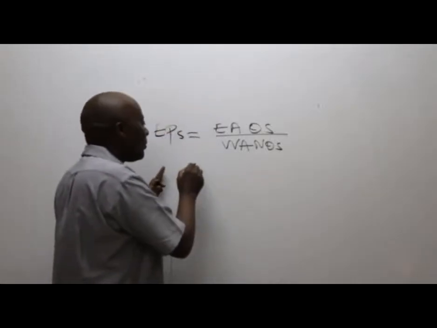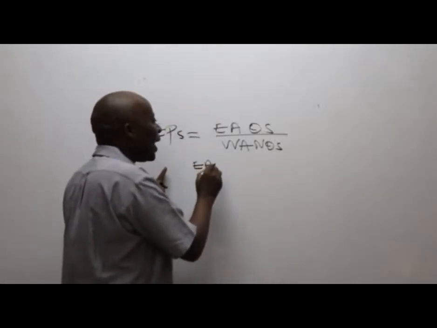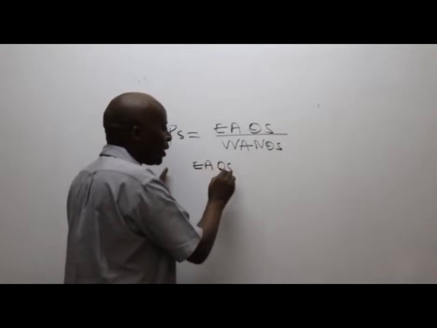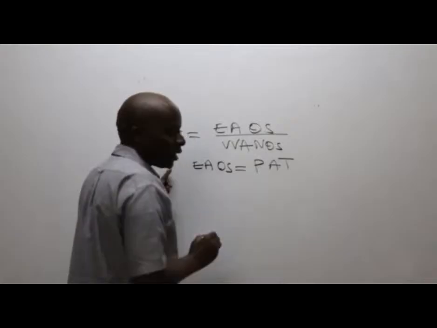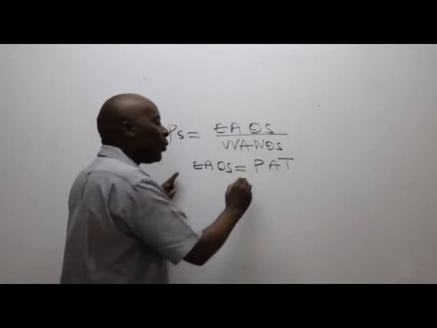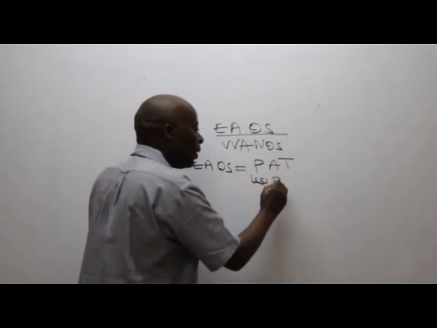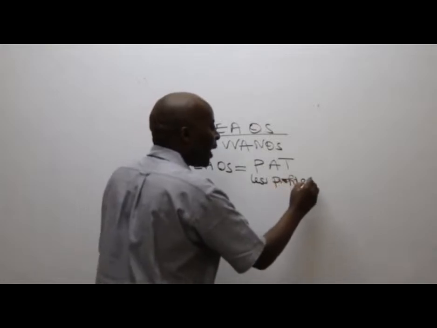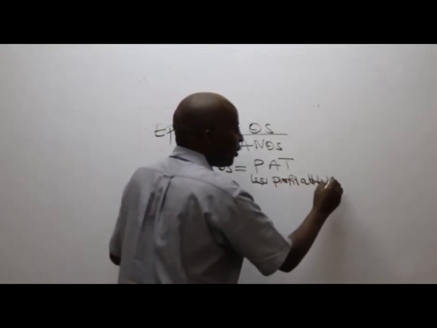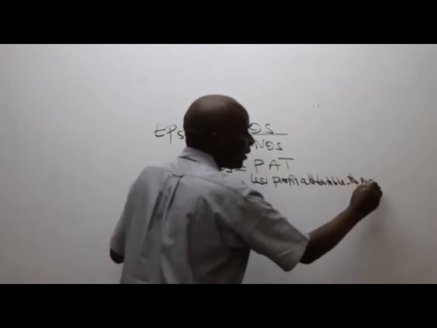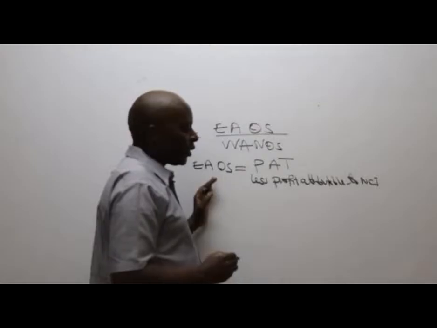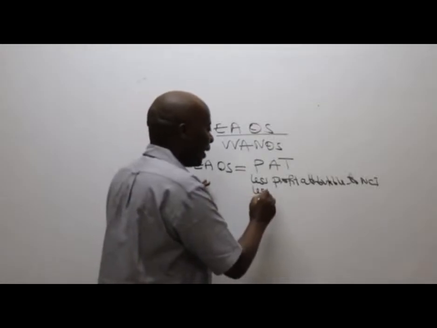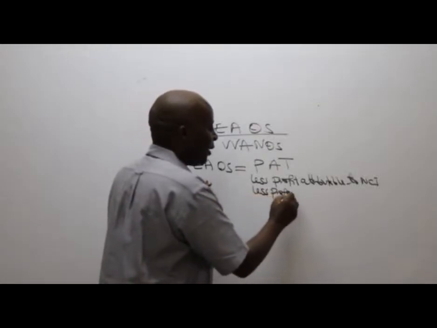So how do we get our earnings attributable to ordinary shareholders? This is very easy. We normally take profit after tax, and then we less profit attributable to NCI, and then of course we less preference dividends.